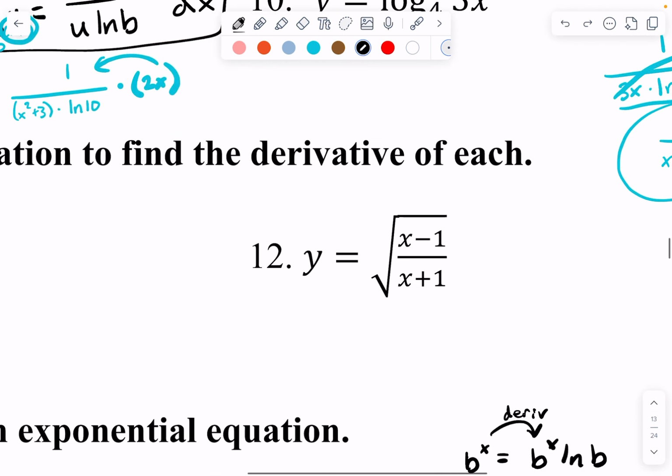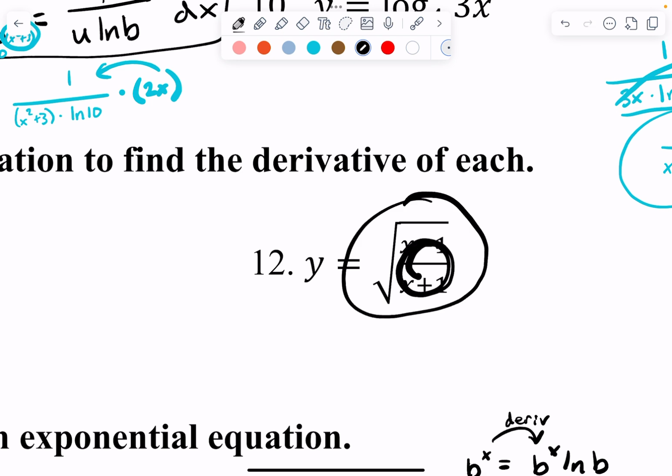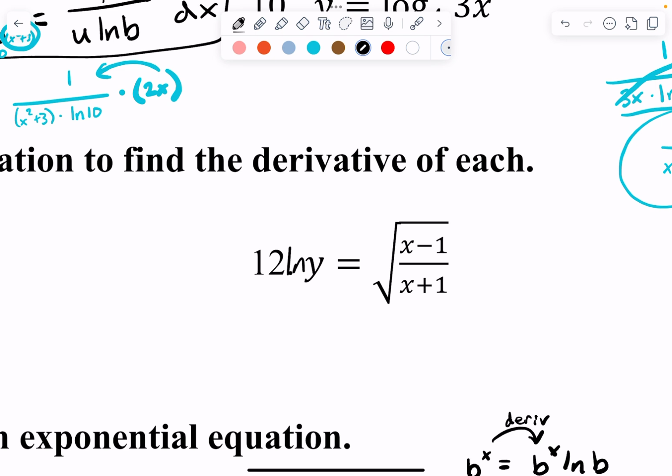All right, 12, similar. This would be a quotient inside of a chain, right? I don't want to do that. So I'm going to ln both sides. Now, the tricky part to this is that if I break those apart, that's fine.